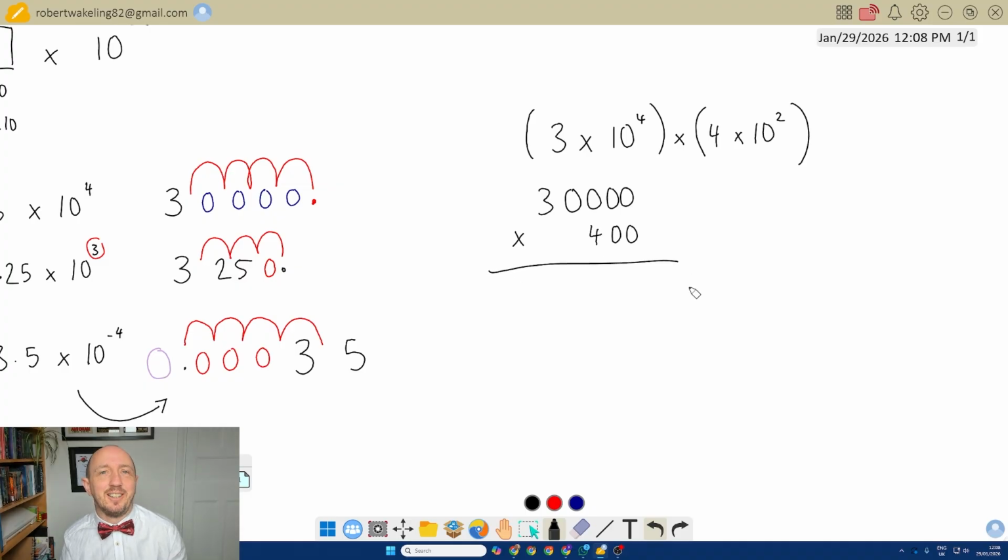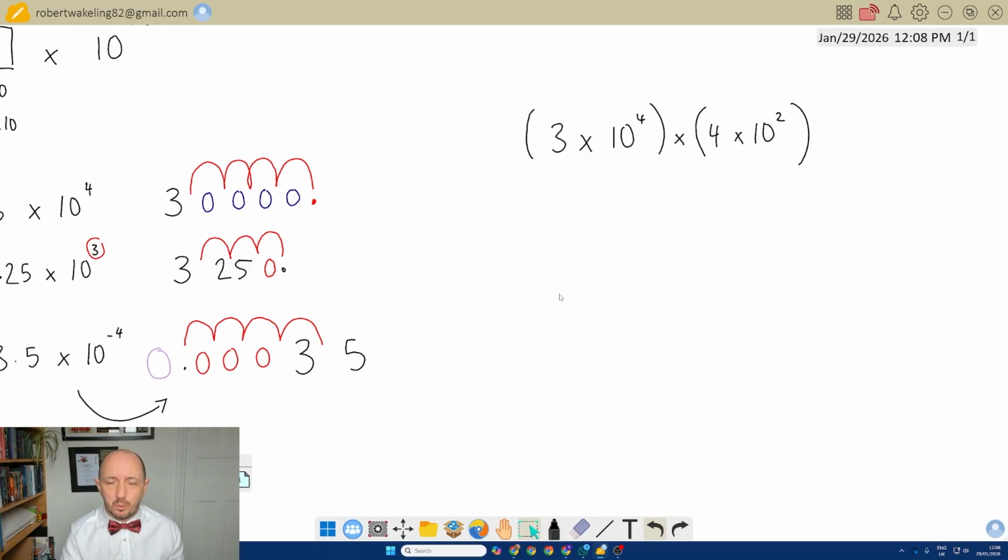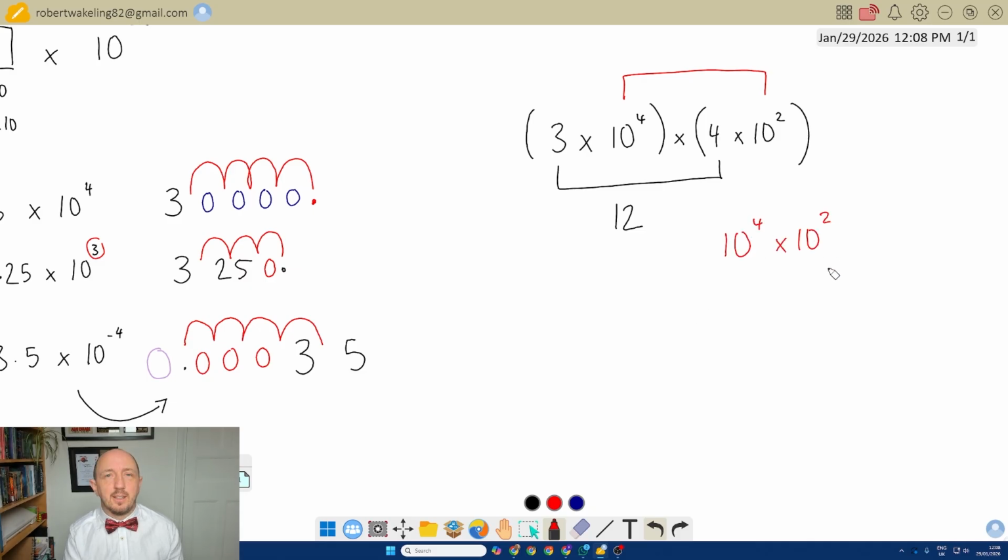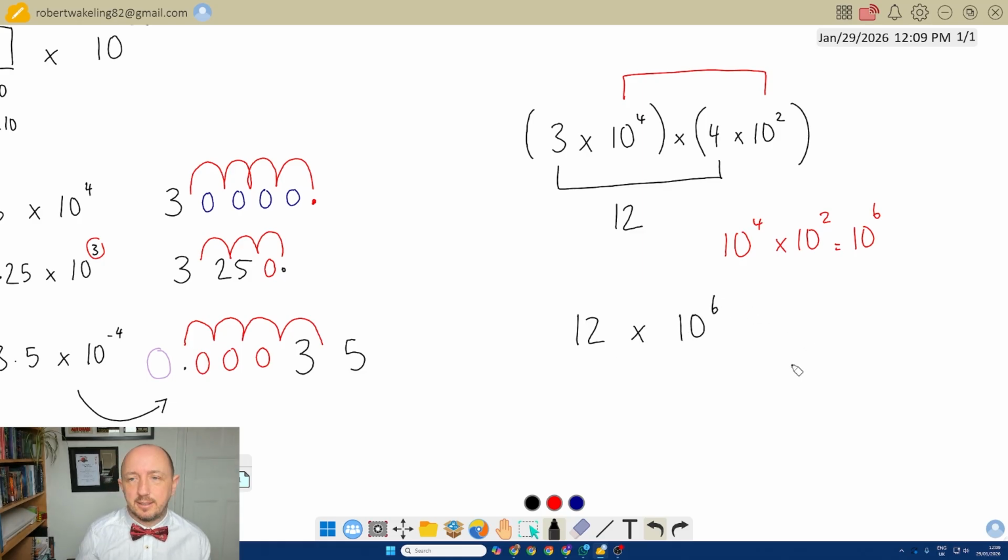And you could do your long multiplication with this. But there is an easier way, and that is less prone to error. We can just multiply the two numbers. 3 times 4 is 12. And then we can multiply the powers, which would look something like this. And from our indices work, when we multiply, we just add the powers. So we've got 12 times 10 to the power of 6.